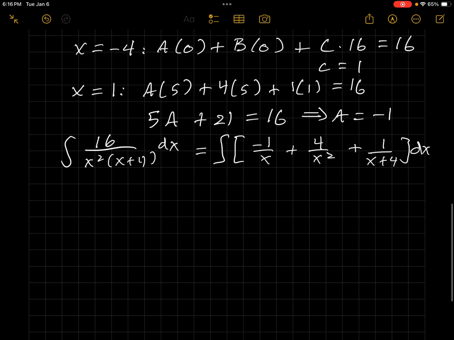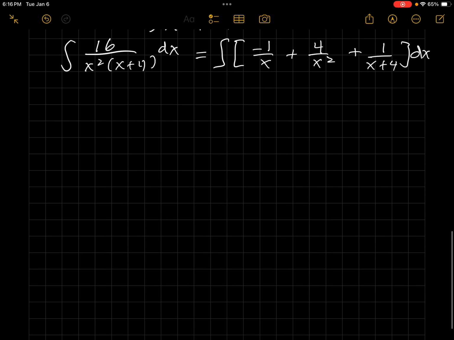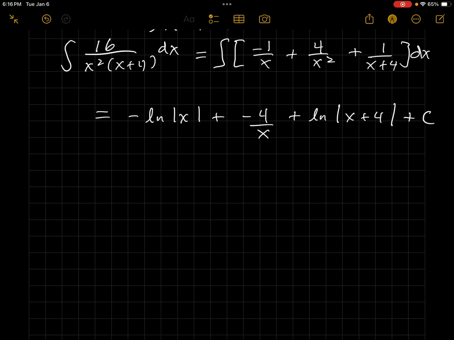And now we can integrate this one pretty easily. We get negative natural log of x plus, middle part is a power rule, negative 4 over x, plus, now we go back to natural logs, natural log of x plus 4, plus our constant of integration, c.